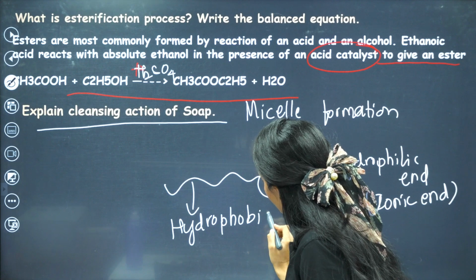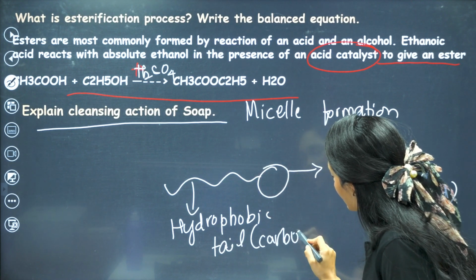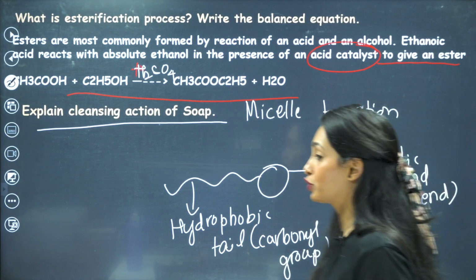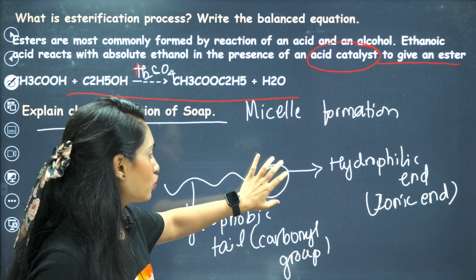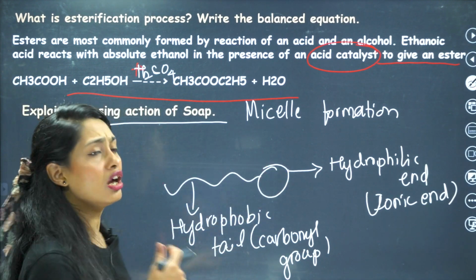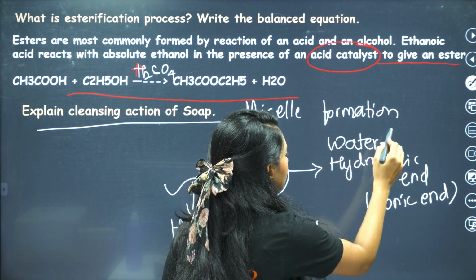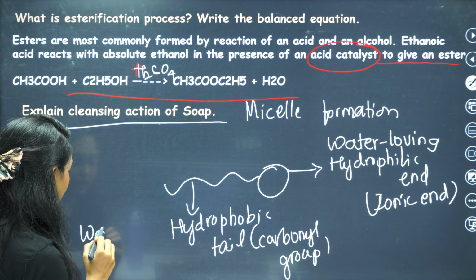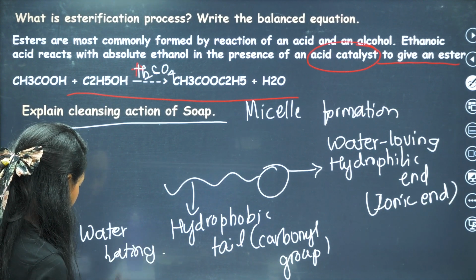This is the carboxylate group. We already know what soaps are: soaps are nothing but potassium or sodium salts of long chain fatty acids. The ionic end loves water, hydrophilic, water loving. And the hydrophobic end is water hating. Then you can explain easily.